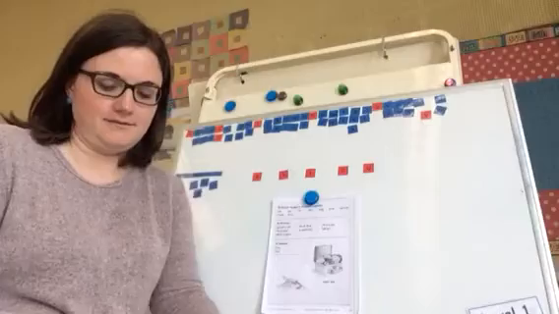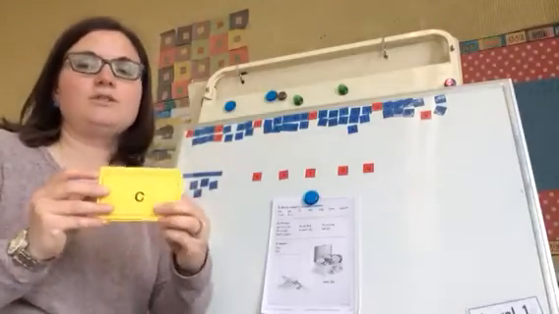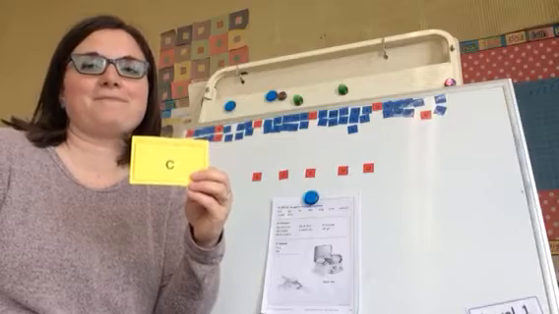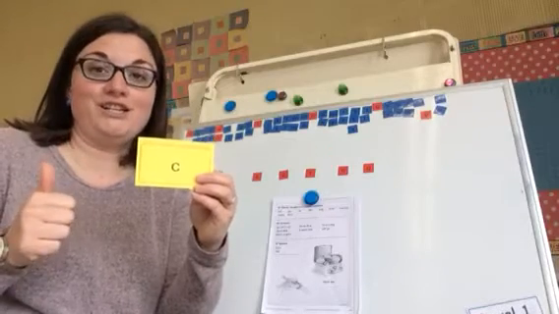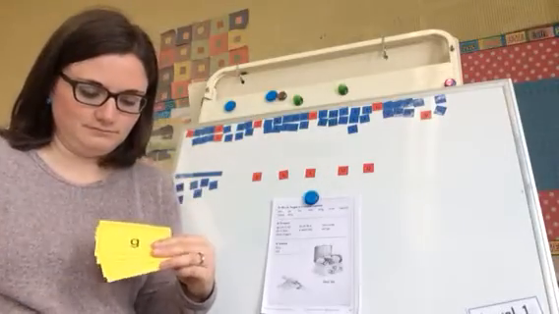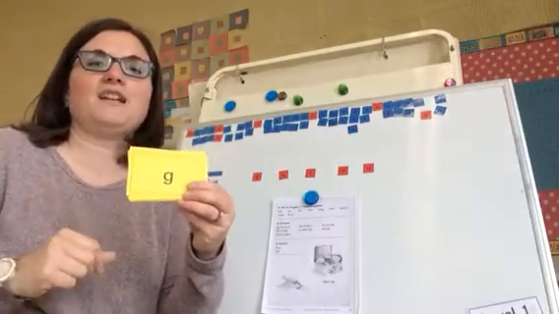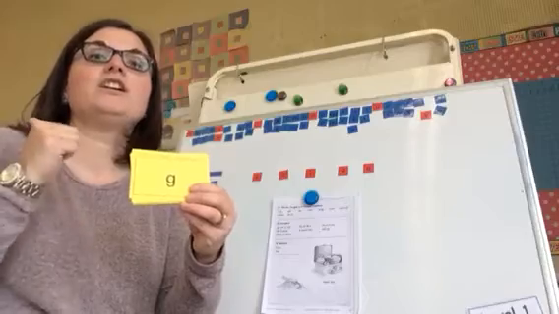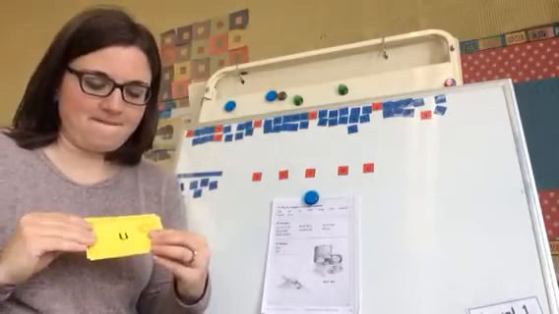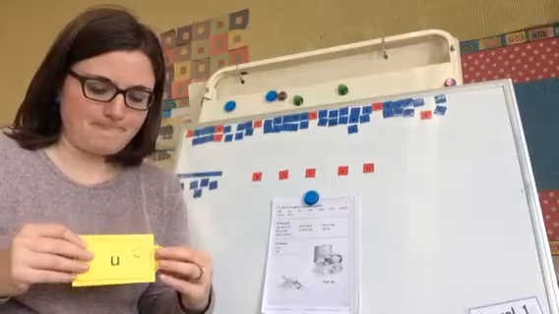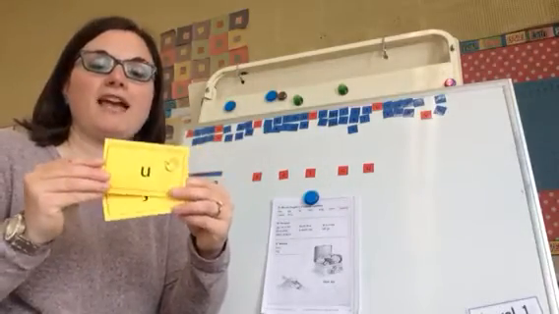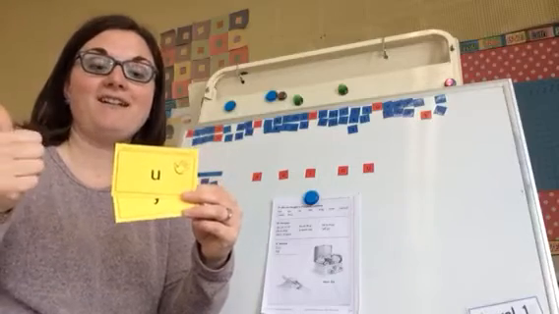Okay, so I would like you to say the sounds first and then I'll say them. K, S, G, J. Now, we remembered with the U that we have a few sounds.